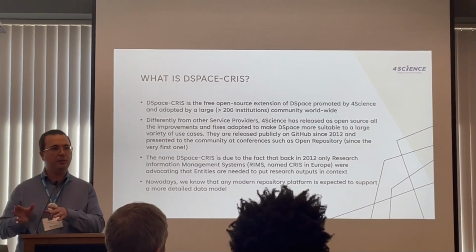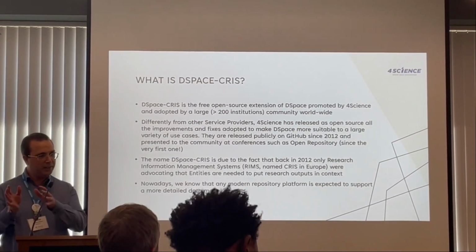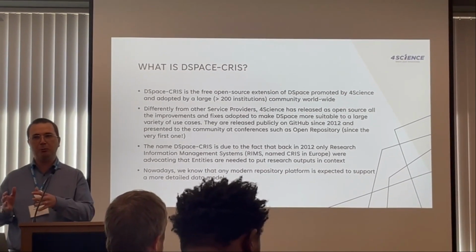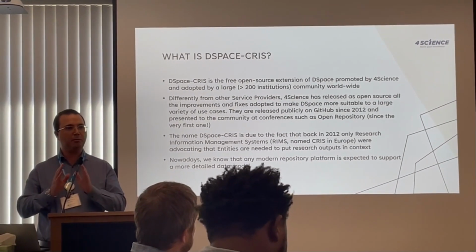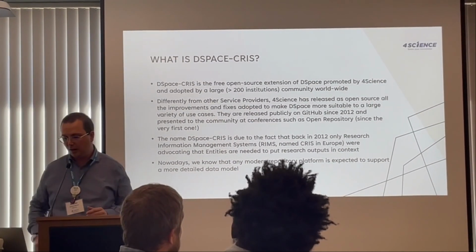That, by the way, in Europe are named CRIS, Current Research Information System. So CRIS means Research Information Management System, and it was named in this way because it seemed that this was the path, Research Information Management System 50 years ago.